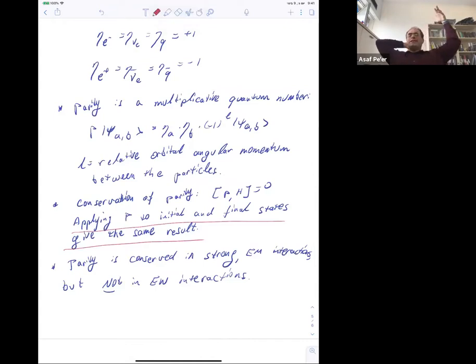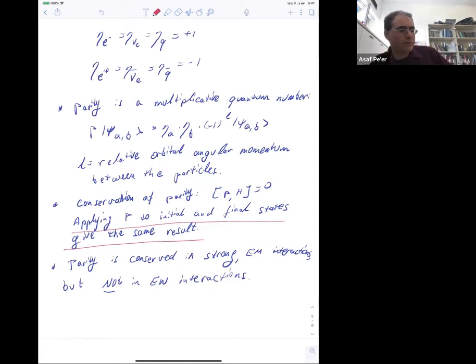Remember, in a basic sense, the wave functions extend over the entire space. So I make a parity transformation, I switch the entire space. But the important thing for me is what I just highlighted in red here: applying the parity to the initial and final states gives the same result, which means that some interactions occur in nature and some do not, because they do not conserve parity.